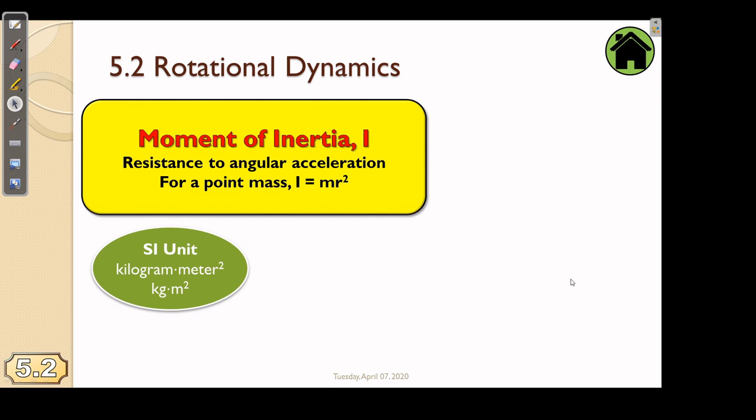So the more the mass is distributed towards the center of rotation, the smaller the moment of inertia will be, and the less the object will resist changes to rotating. The more the mass is distributed towards the outer rim, the greater the moment of inertia, and the more the object will resist changes to its rotation. Moment of inertia is measured in kilograms times meters squared.